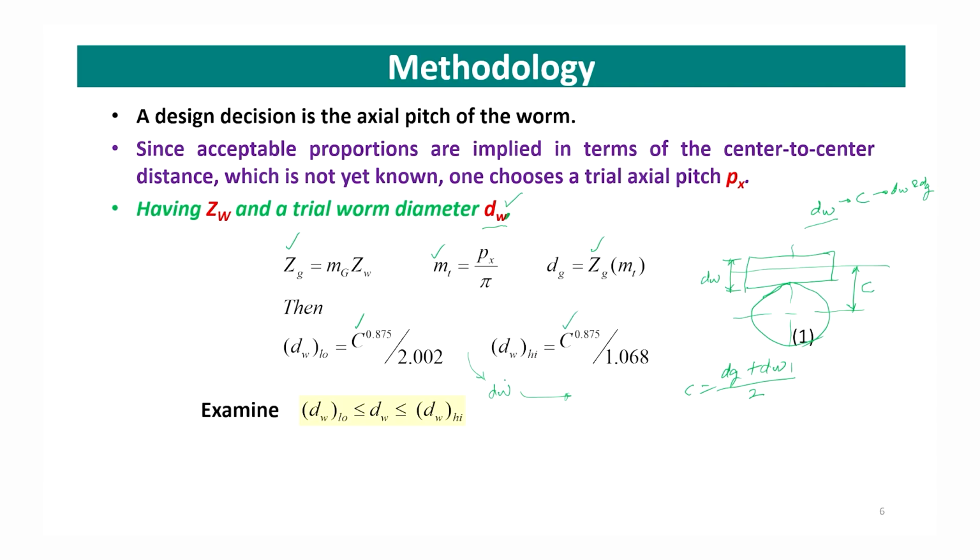If the selected dw is within that range, then that dw will be final. Otherwise, we will continue to do the iteration till our pitch circle diameter lies within the range given for the dw.